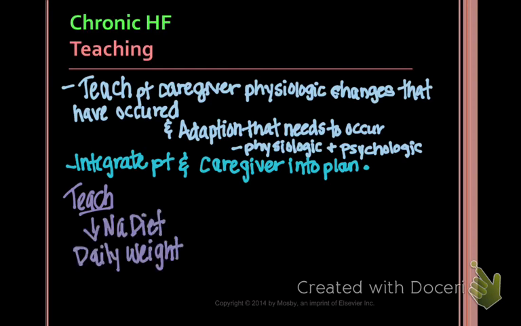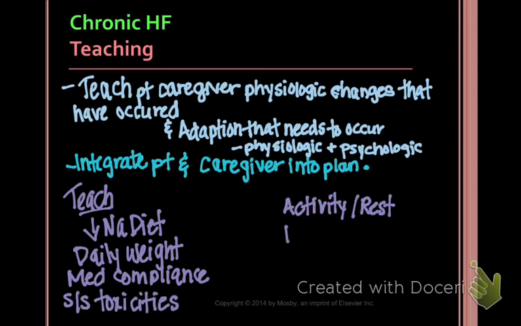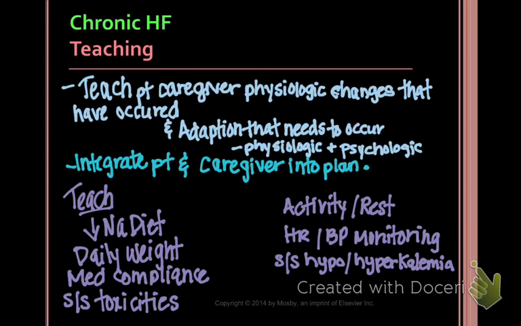You're going to teach low sodium diet, daily weights, med compliance, signs and symptoms of toxicities like I was talking about, and the importance of activity and rest, heart rate and blood pressure monitoring, signs and symptoms of hyperkalemia, because like I said, the DIG and the diuretics can affect this.